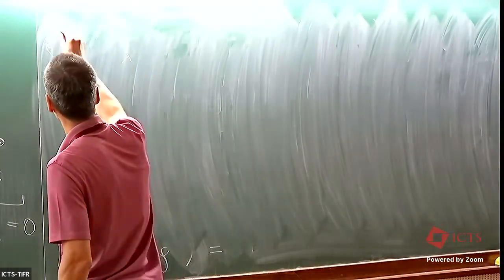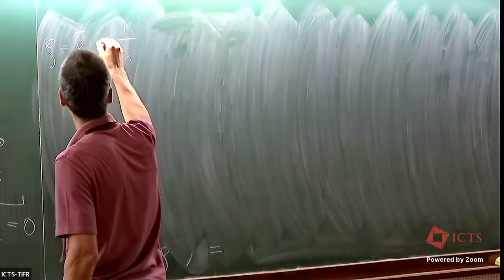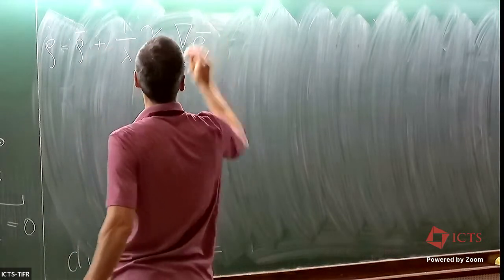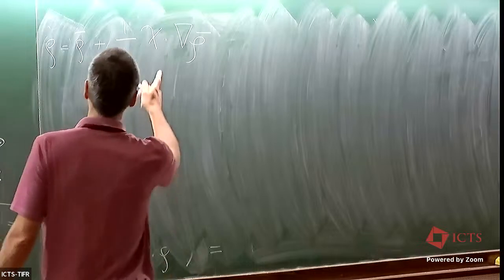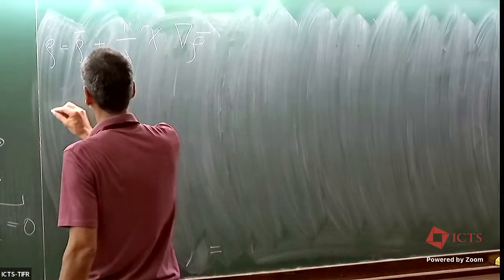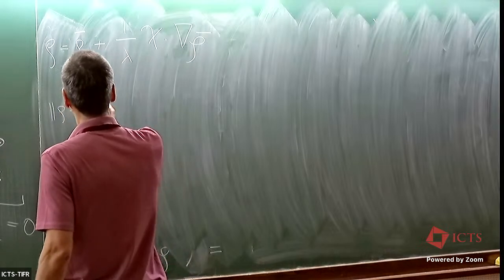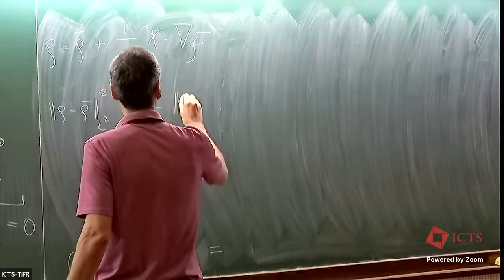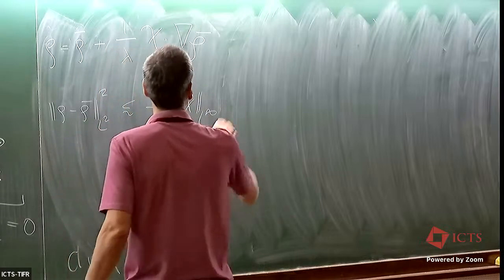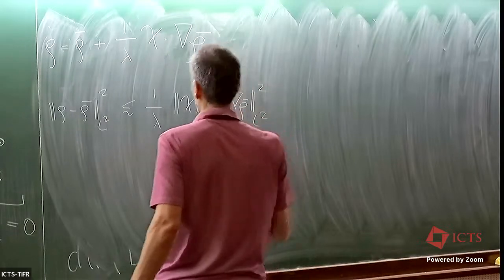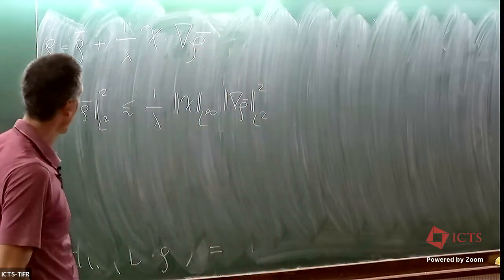Maybe I write again. So rho is rho bar plus this term. Okay, so here we were saying the L2 norm is 1 over lambda L infinity of this times L2 of this, and this is all supremum in time.